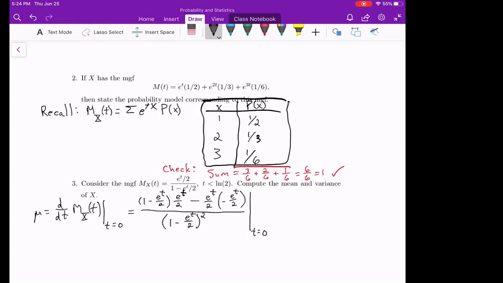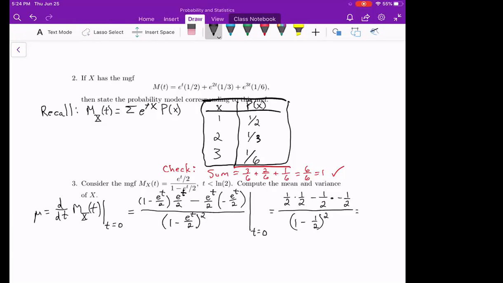When we evaluate it at 0, you are going to get 1 minus 1/2, which is 1/2. e to the 0 over 2 is 1/2, minus 1/2 times a negative 1/2, over 1 minus 1/2 quantity squared.